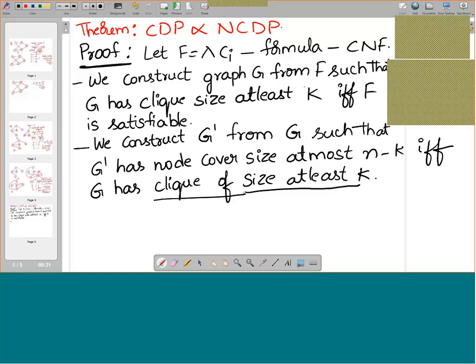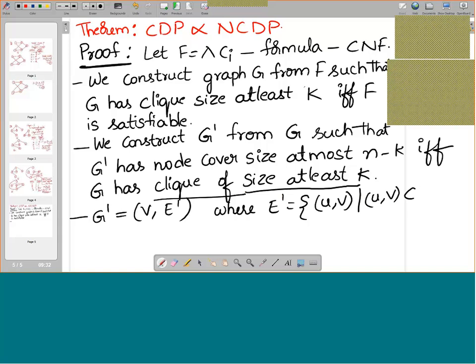G dash is defined as follows: G dash equal to (V, E dash), where E dash equal to the set of (u, v) such that (u, v) does not belong to E. So the complement graph will contain edges that are not present in the given graph.